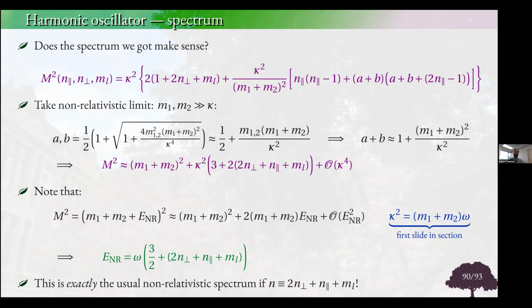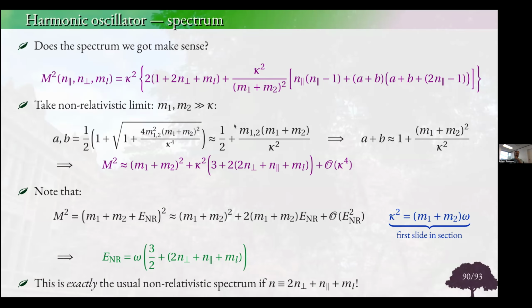Well, the next task is to show that this spectrum does at least make sense when we take the non-relativistic limit. So the non-relativistic limit in this case means that your masses are significantly larger than this spring constant kappa. So if we take A and B in this limit, then this 1 under the square root is negligible.